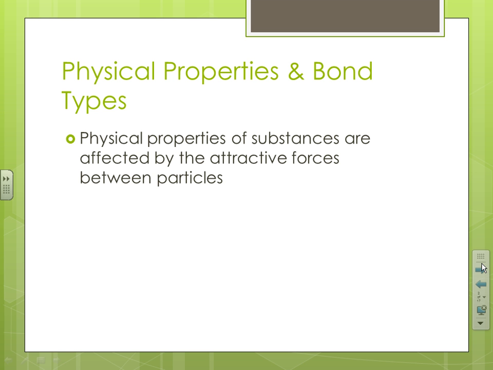We talked earlier that a chemical bond is an attractive force between atoms. It's an attractive force that holds atoms together. In this case here, we're not talking about the bond. We're talking about the attractive forces once the bond is already formed.